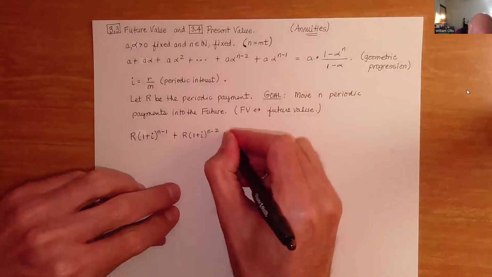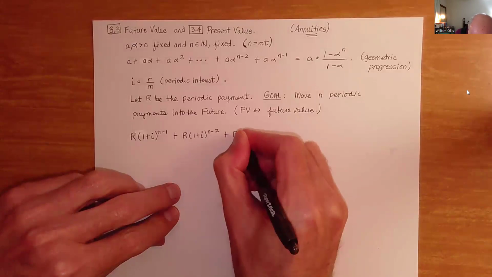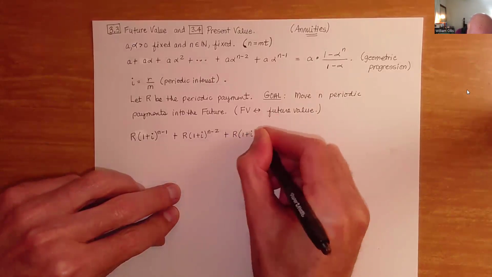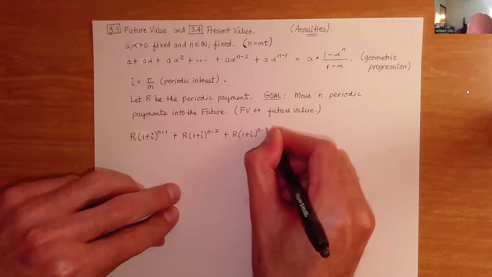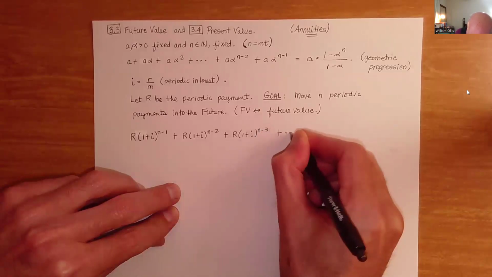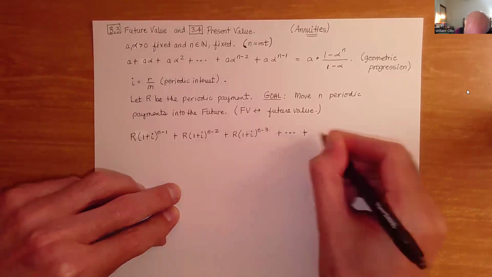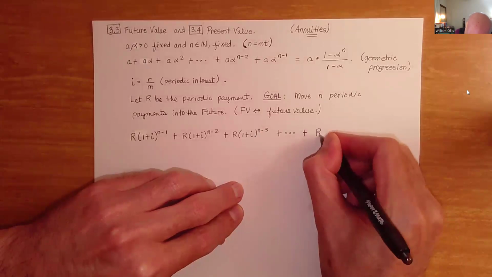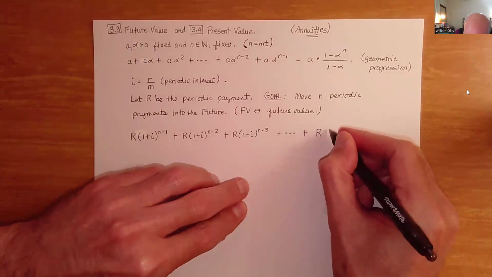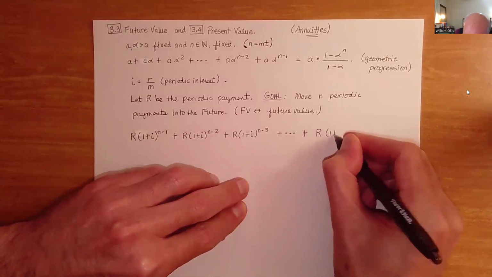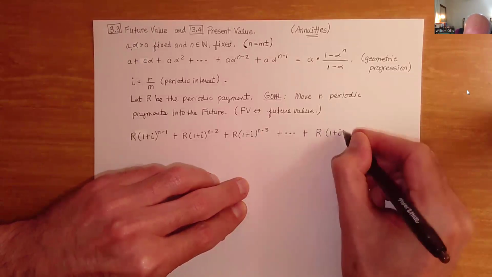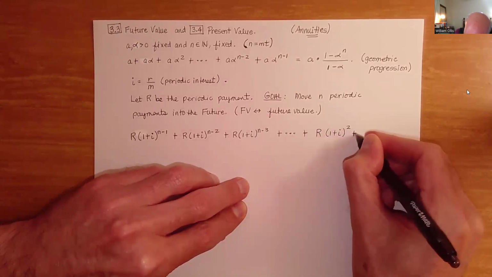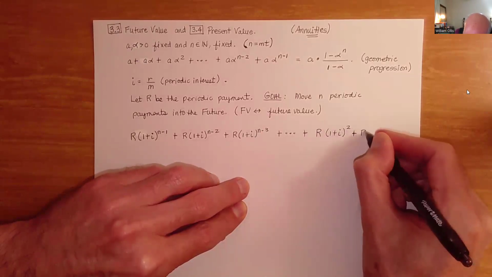So if we keep going, the next periodic payment will run for n-3 payment periods, and we just keep going. So we put the ellipsis, and then, for instance, we'll have one that moves 1 period. Well, I'll put in some extra ones so you can see the pattern. 2 periods, and then 1 period.